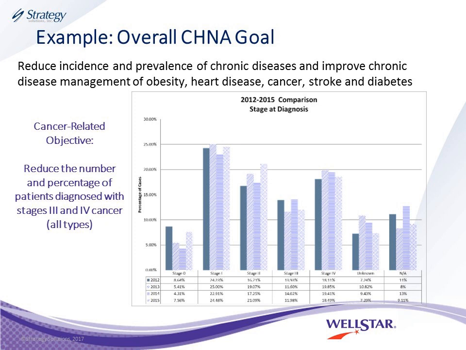Well, how does that all get connected? I'm going to talk about that in the context of this overall goal, which in Troup County, Georgia, is to reduce the incidence and prevalence of chronic diseases and improve chronic disease management at the same time.